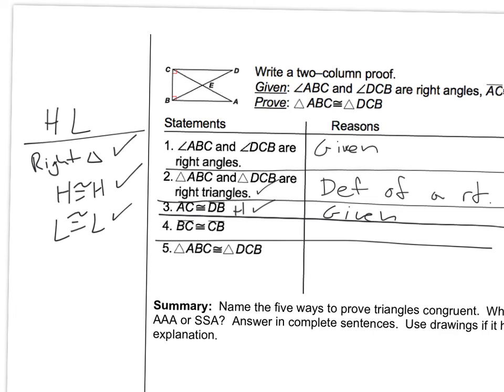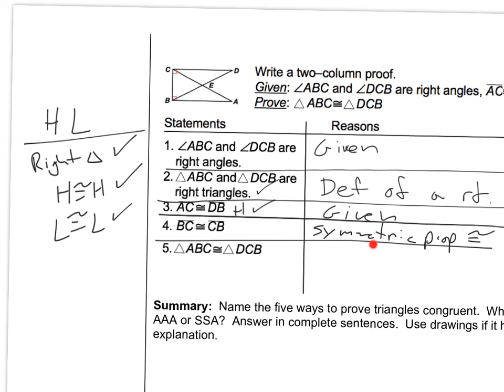How do I know that BC is the same thing as CB? Well, aren't they really just the same thing? We just wrote them in a different order. It's the same segment. So when we flip the order, we tend to call that the symmetric property of congruence. This one and the reflexive property are both on that bank of postulates, theorems, and properties I gave you.